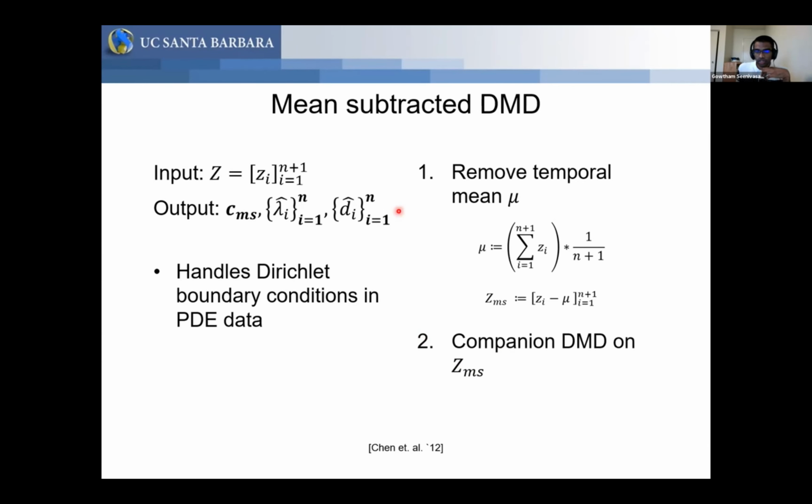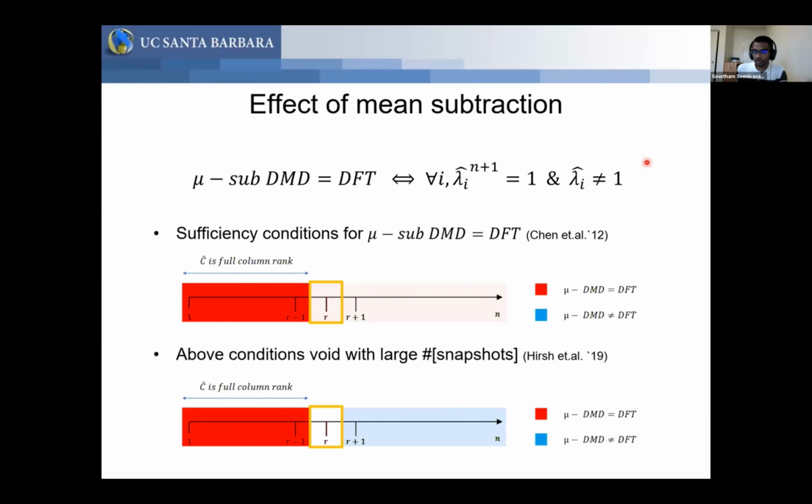Now, people did this technique initially to handle Dirichlet boundary conditions when Z is coming from a PDE, but there are some issues with using this technique when you don't have enough data. So at this point, I need to define what I mean by equivalence of mean subtracted DMD and DFT. And this is what it means.